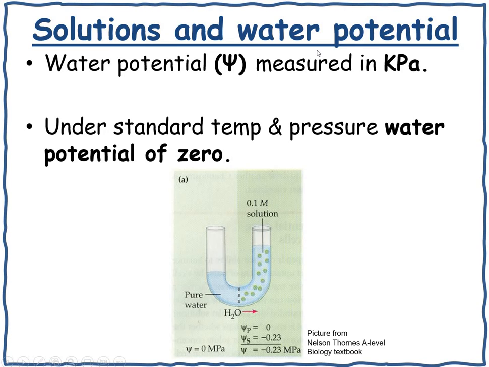So solutions and water potential. Water potential, which the symbol is this, is measured in kilopascals. And under standard temperature and pressure, the water potential of pure water is 0. So everything else is negative in comparison. As you start adding solutes, it becomes negative.